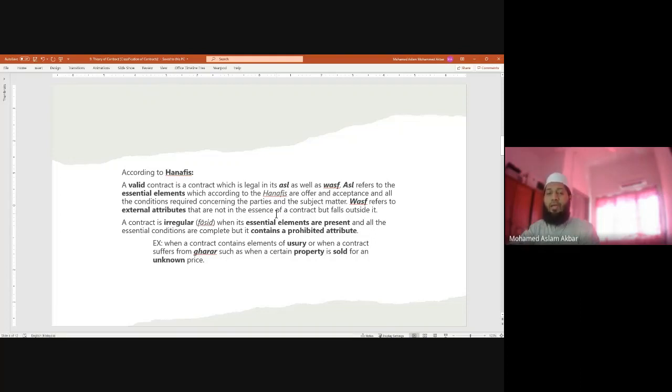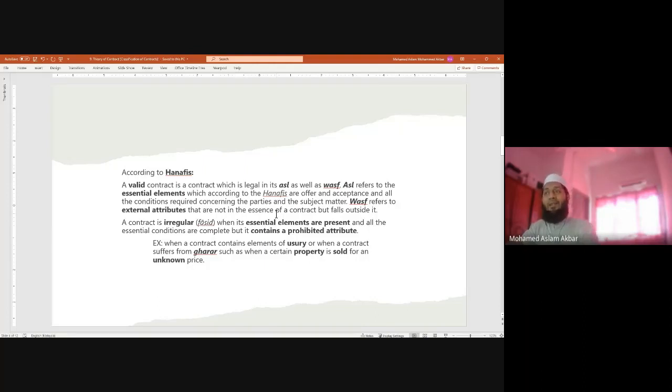The reason why others are calling this contract invalid, this example that I told you, a property sold for an unknown price: according to the majority, this contract is invalid. Sorry, of course, it is not "can be", it is.